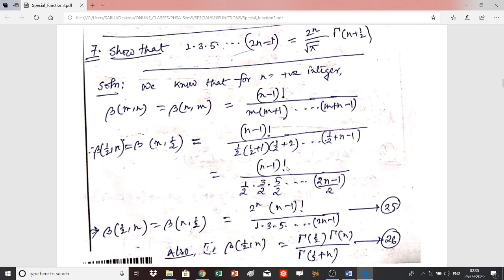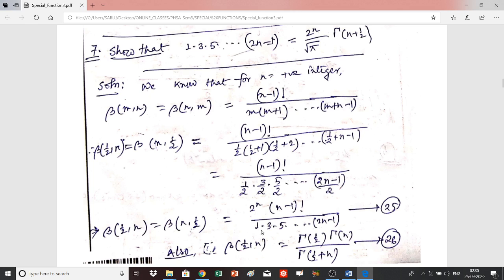N minus 1 factorial is here, and then half is here, 1 by 2, then 3 by 2, then 5 by 2. In this way you can write this as 1 plus 2n minus 2 by 2, that is 2n minus 1 by 2, and then the left hand side, you can write this as n minus 1 factorial.